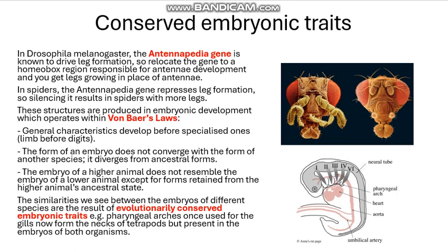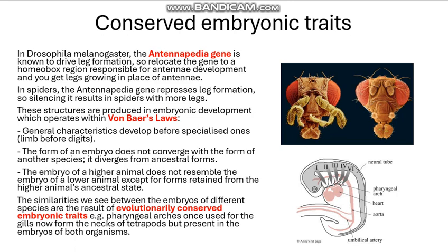And in fish, these have always given rise to the gills, but when the Sarcopterygian, the lobe-finned fish, moved to land, because they didn't need gills anymore, they adapted these pharyngeal arches to give rise to the structures of the neck that allowed them a more terrestrial lifestyle.